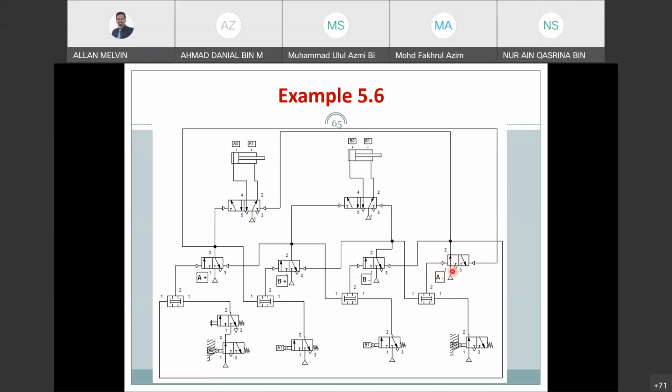Kalau yang ni sequence A minus and is active, still okay. Kalau B plus, you pastikan dia... sebab tu you letak push button dekat sini. Sebab yang ni dah on, you tekan push button baru dia connected.